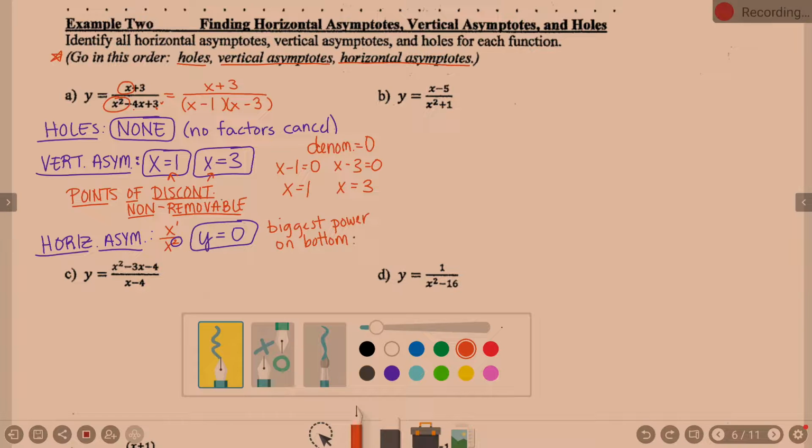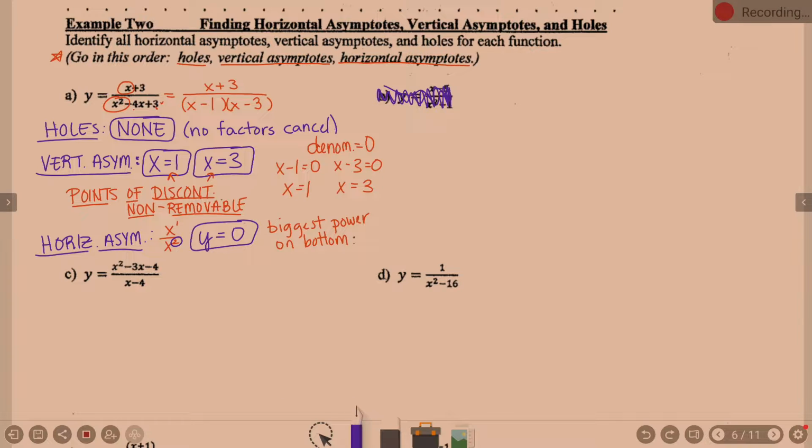Now, we're not going to be doing B. Originally in this lesson, all we needed to do was holes, vertical, and horizontal asymptotes. Over the years, they've added a little more content here. Before we move on to the next problem, we'll talk about domain, x-intercepts, and y-intercepts. So I'm going to use this space over here. Domain. What's my domain look like?